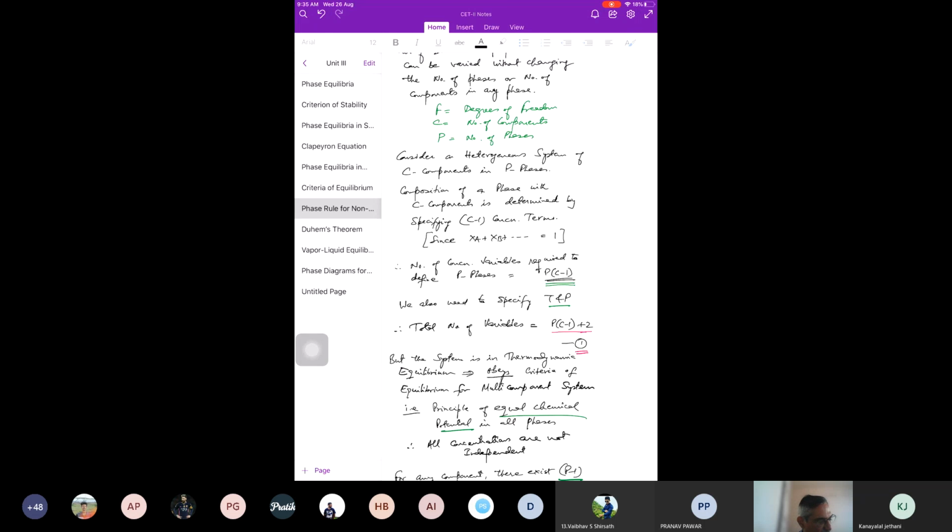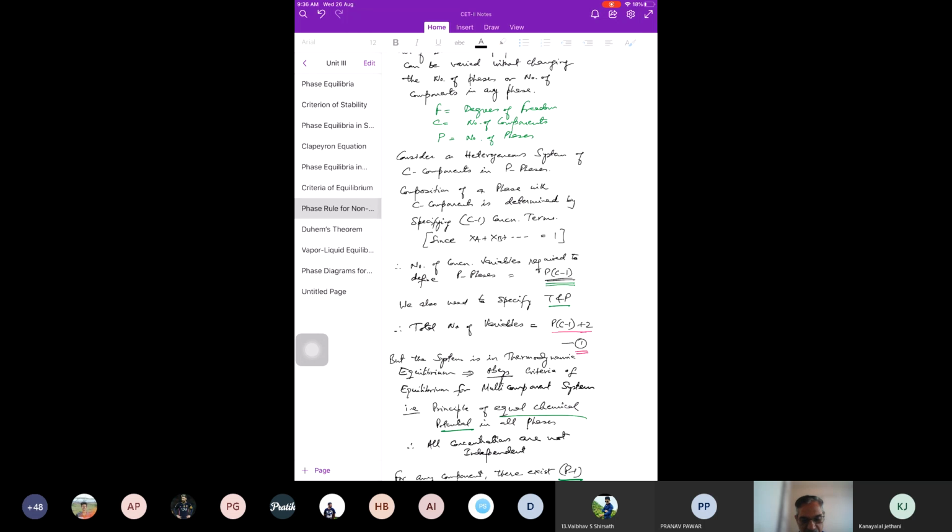Okay. So number of concentration variables required to define for P phases. If it is one phase, suppose we took this much water, one phase, right? Suppose there are 2 phases, then we have to double it. If I take liquid and vapor, then for vapor also we have to define the concentration. Suppose I take ethanol water, liquid and vapor in equilibrium.